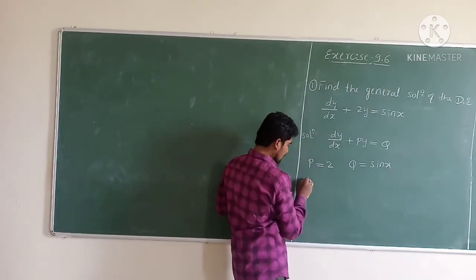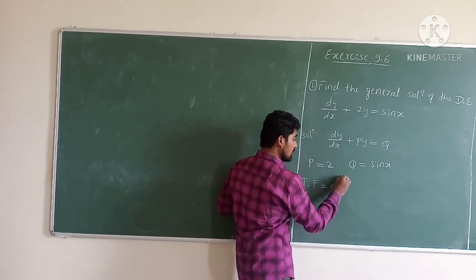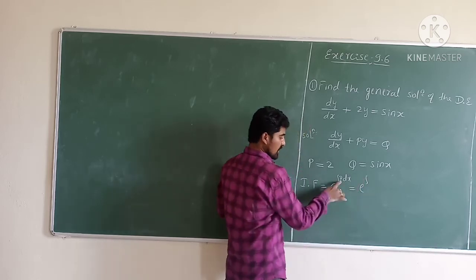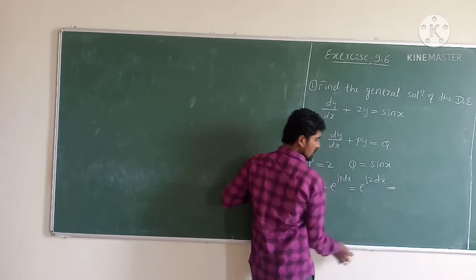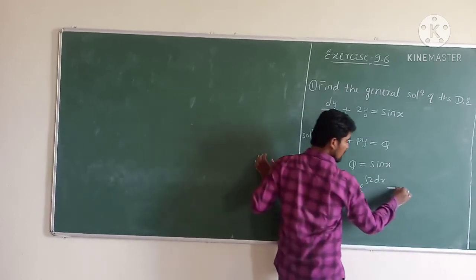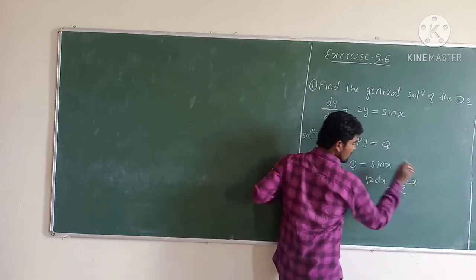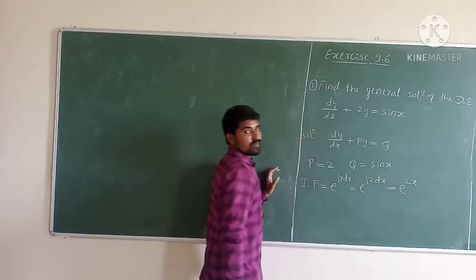Therefore, the integrating factor of the given differential equation is e power integration of p dx, which is equal to e power integration of 2 dx, which is equal to, 2 is constant taken outside the integral, e power 2 into integration of dx is x. Therefore, integrating factor of the given differential equation is e power 2x.